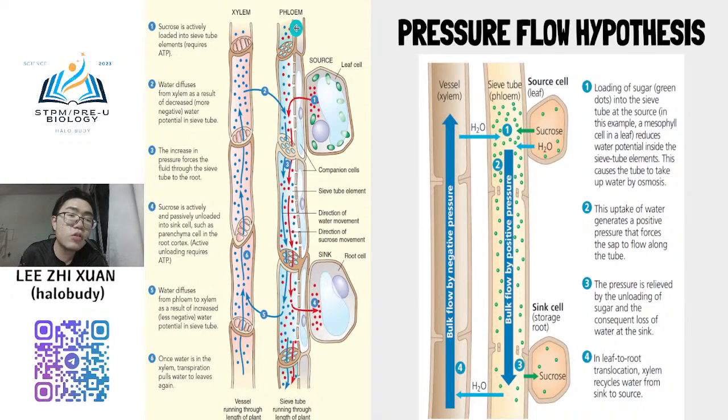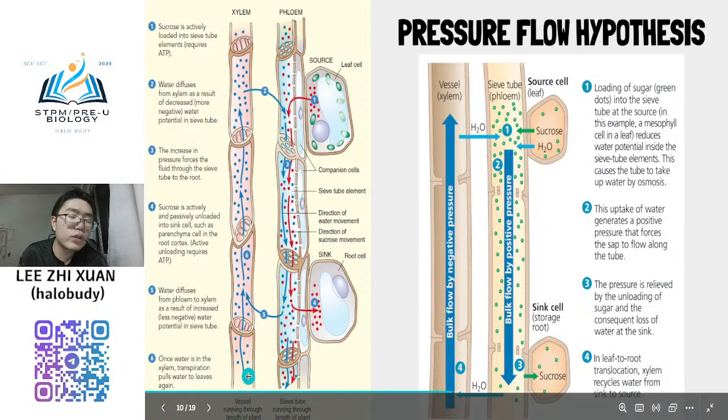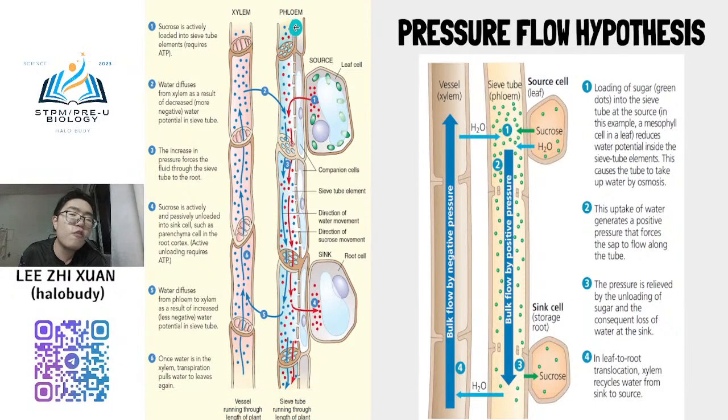Normally xylem and phloem are located side by side, but the transport process is in the opposite direction, because we know that xylem transports water from root to shoot, and phloem transports nutrient from leaf to root. Okay, so it is totally opposite direction. So the water in the xylem vessel is high compared to phloem, right?